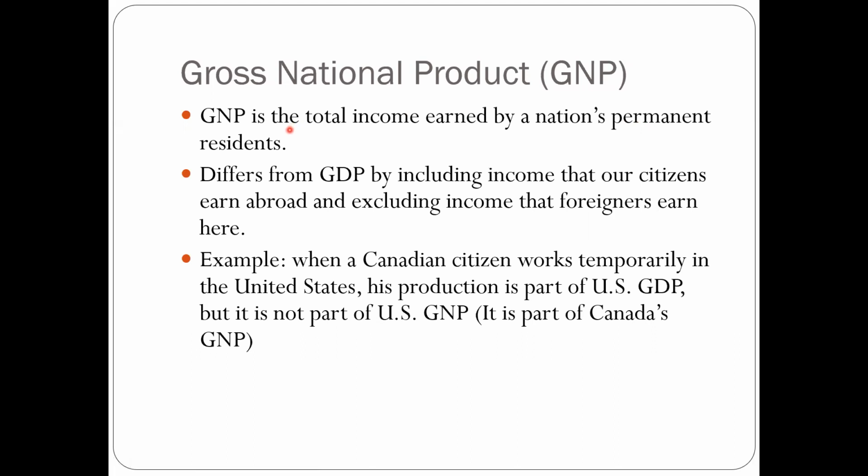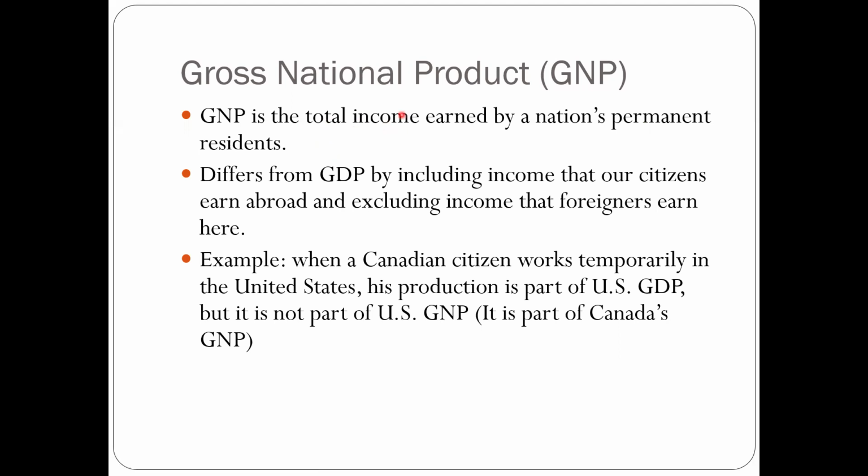So when we calculate the gross domestic product of the US, we take all the factors of production inside the US. Even if it's a foreign factory or a foreign individual that has consumption or investment, we include it in the gross domestic product because it is resident in this country.